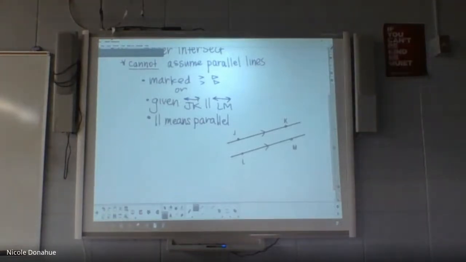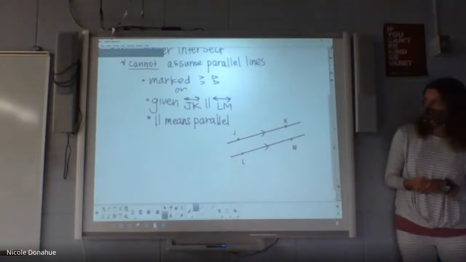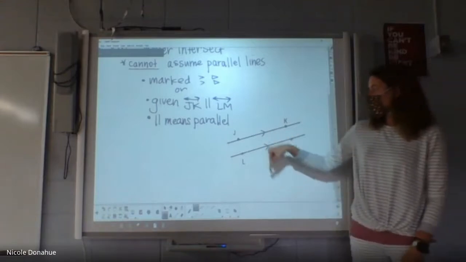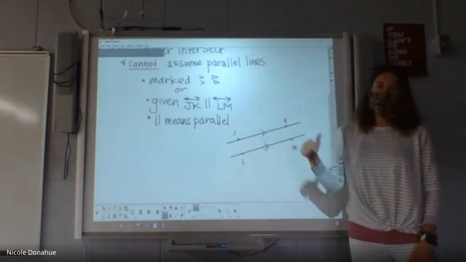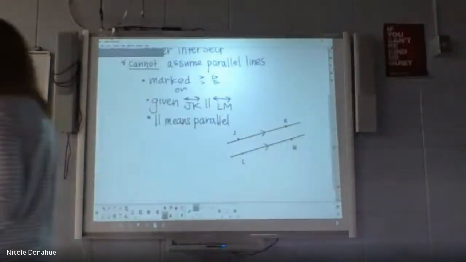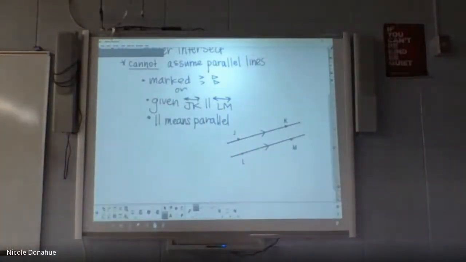Now, obviously, that kind of looks like an 11, but in this context, hopefully you know that would mean parallel versus JK, 11, LM. So given these little marks, or given the fact that they tell us that they're parallel, then we can know that they are parallel. So I can't just say, because I drew two lines, are those parallel? I have to have more information than just because they look that way.